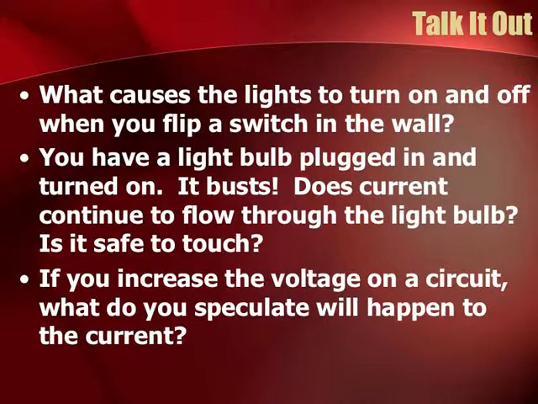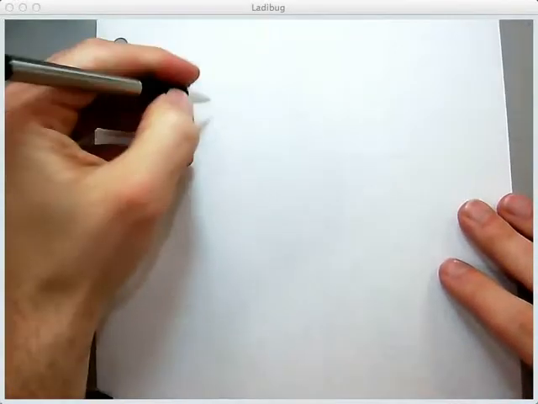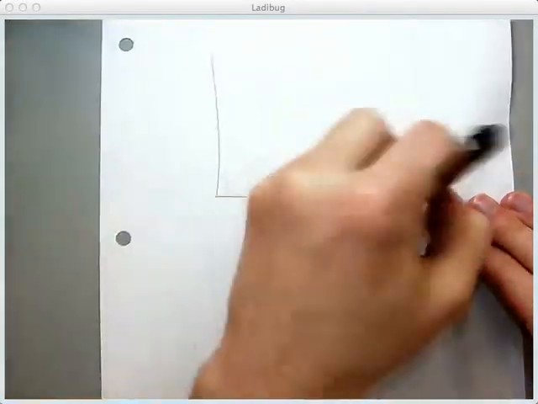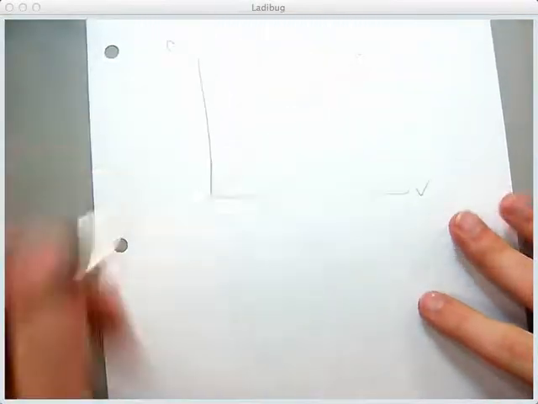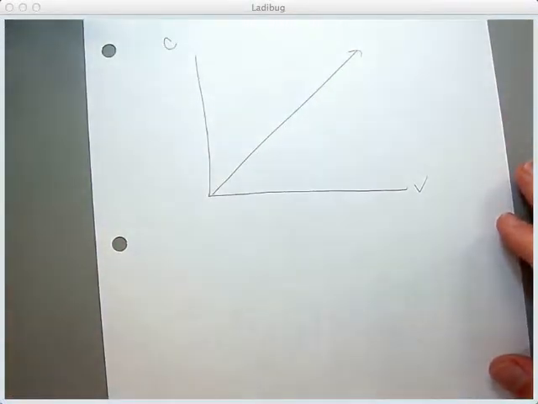Because I was thinking about it in terms of curves. The current and voltage relationship is always aligned. If I was going to graph current on one axis and voltage on the other, it's always aligned. But the slope of that line is not always the same.